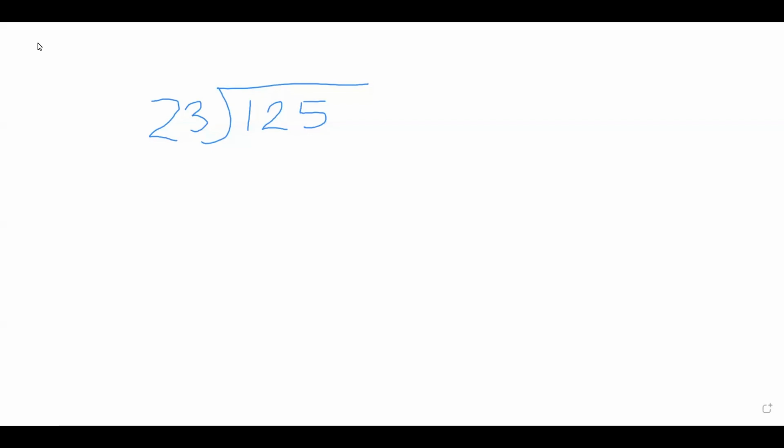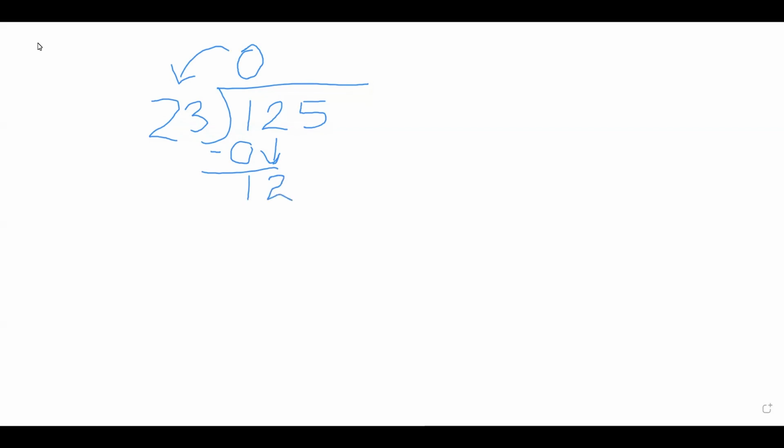The answer is no. So we say 23 into 1 is 0. 0 times 23 is equal to 0. So the answer is 1 minus 0, 1. So we bring down the 25. But before we get to that point, we're going to put 2 first.